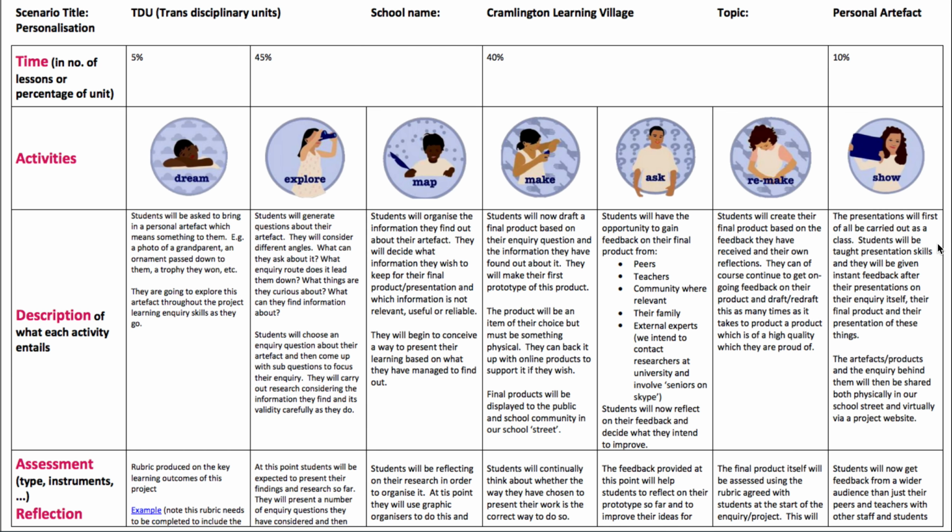In this example, students will spend 5% of their time dreaming and developing an idea, 45% of their time exploring and mapping their ideas, 40% of their time making, asking questions, reflecting, and or remaking their idea, and 10% of their time showing off their idea.